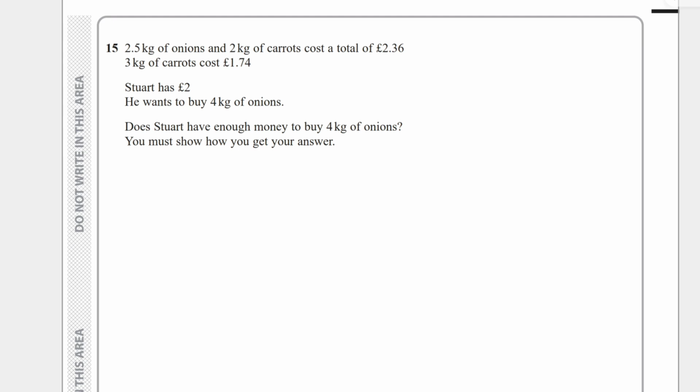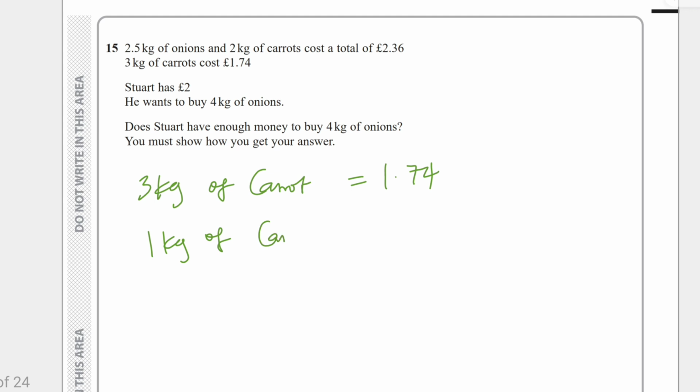So the first thing we need to find is the unit price. We start with the second piece of information, which is 3 kilograms of carrots is 1.74. So 1 kilogram of carrot equals 1.74 divided by 3, and that equals 0.58 per kilogram of carrot.